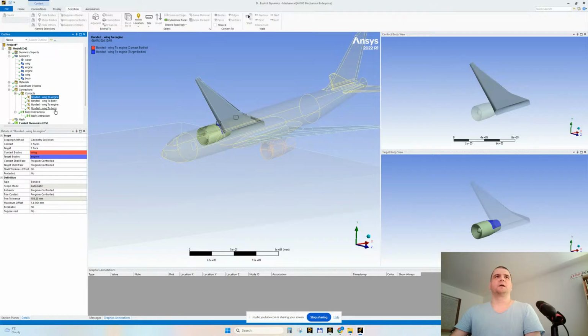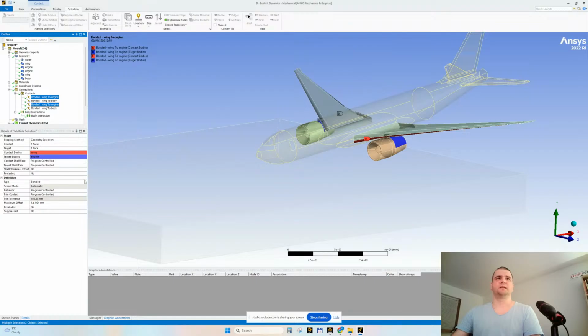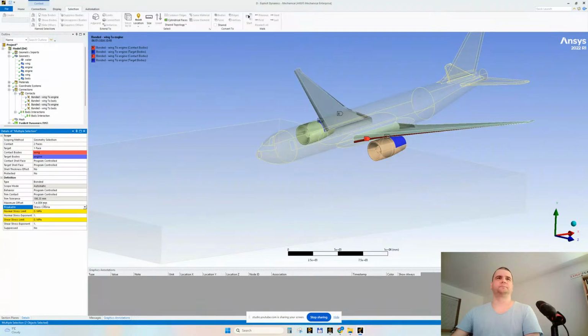Small remark, because we want the engines to fall off, wing to engine, let's make it breakable. Yes? And let's assign something like, I don't know, 100 and 50 for shear. 100 for normal stress and 50 megapascals for shear stress limit.